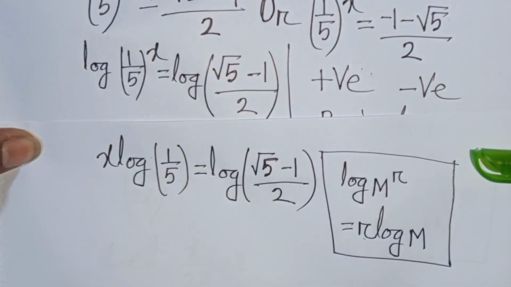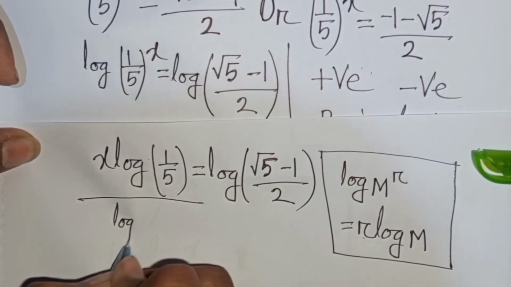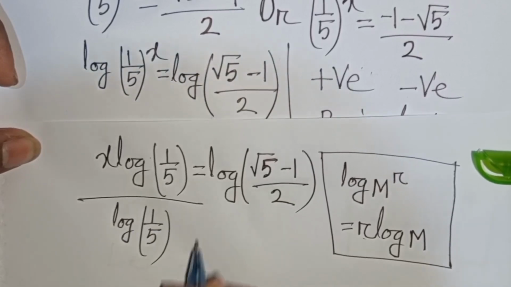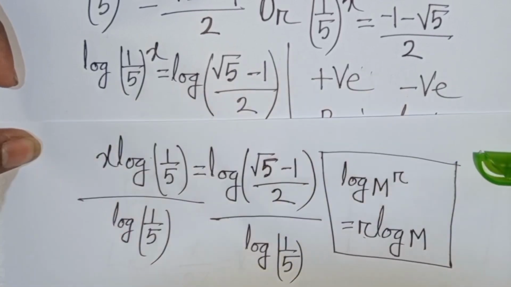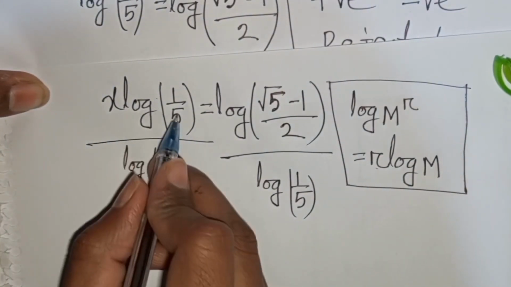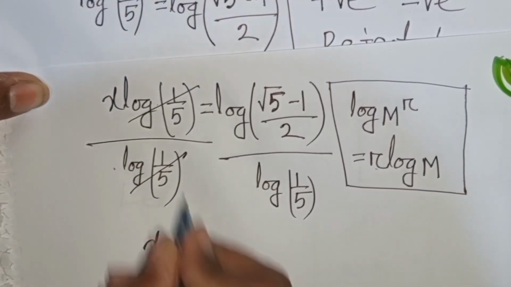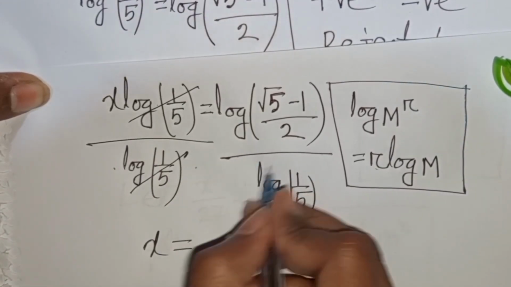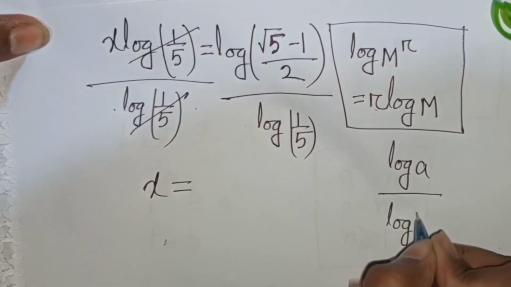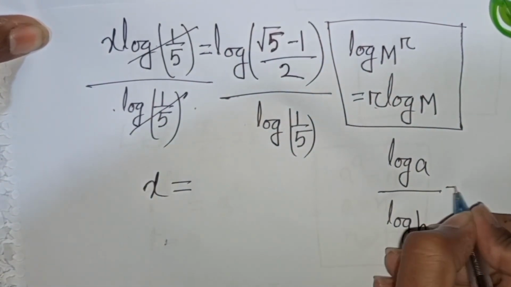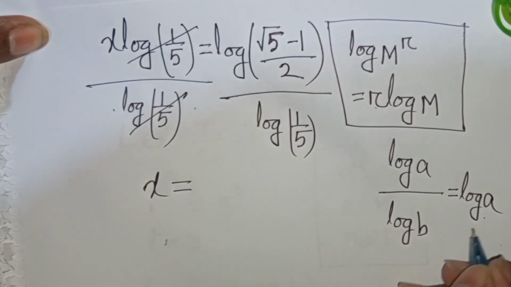Now, we need the value of x, so we divide by log of 1 by 5 on both sides. Now, this log of 1 by 5 cancels out. So here x will be equal to, here we can apply the formula log a divided by log b is equal to log a base b.